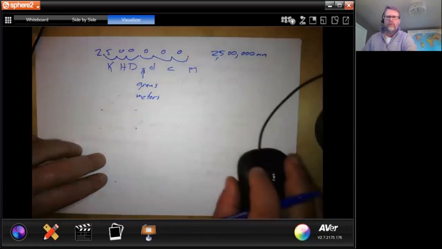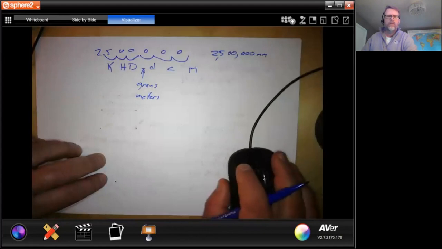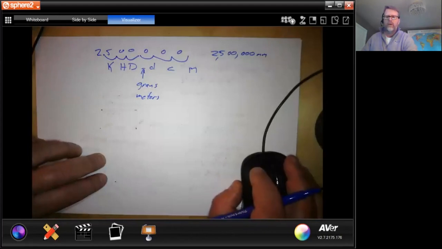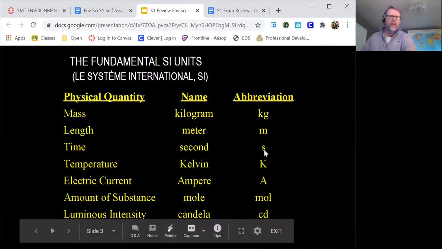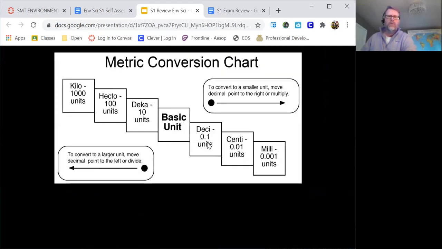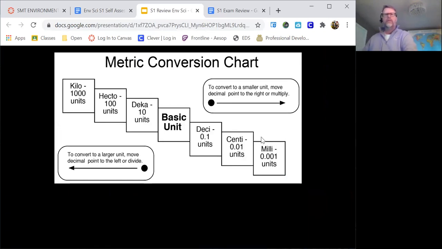Okay, so if we look back to our notes, we can see there's another way to represent this chart I just did, and that is through these blocks. So we can go forward or backward. We're just moving the decimal point based on where we're starting and where we're ending.